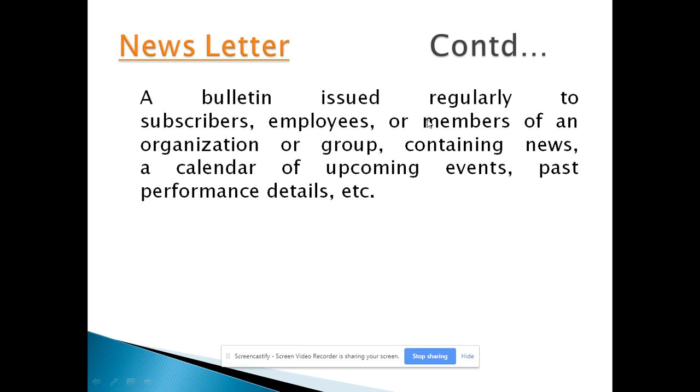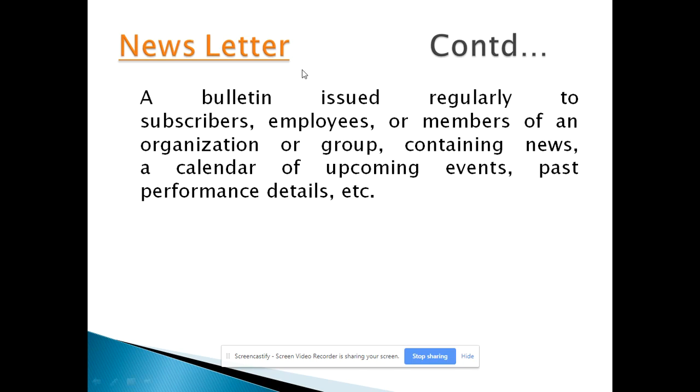Now the newsletter. A newsletter is a kind of bulletin issued regularly, periodically. Generally that period is fixed, once in a year, maybe annually, biannually, quarterly. Newsletter covers all the past information, past performance details of the organization, and maybe a calendar of the forthcoming events.